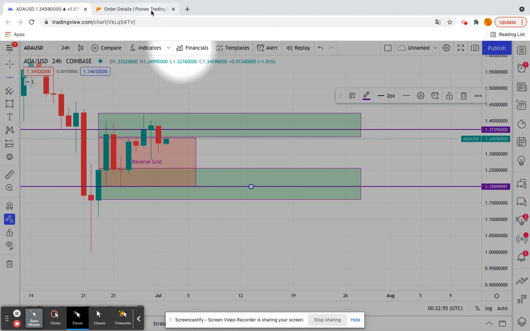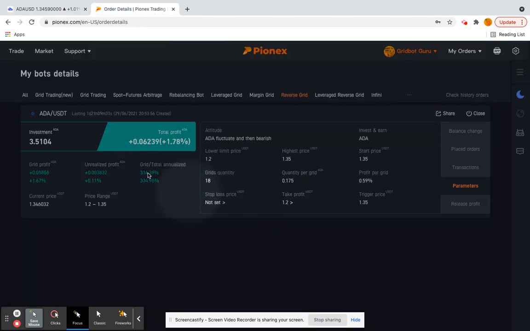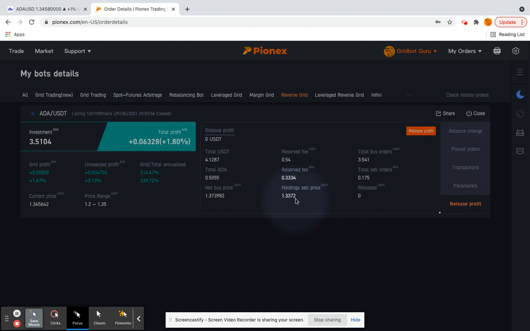As I continue working this price down, as ADA continues going down, my net buy price will also continue going. No, not the net buy, the holding sell price. As long as it is going down, I'm wanting to try to get that as low as I can.